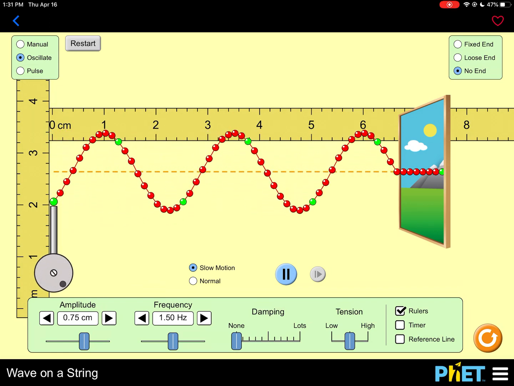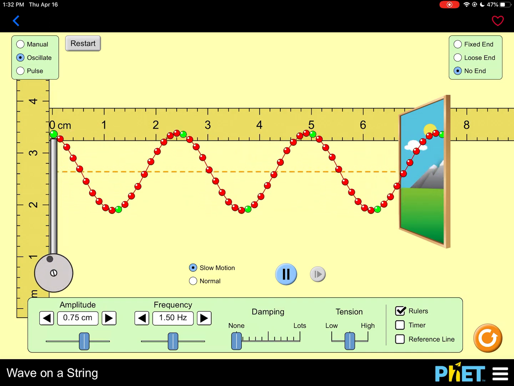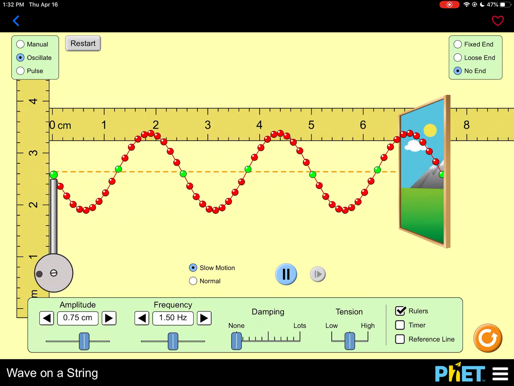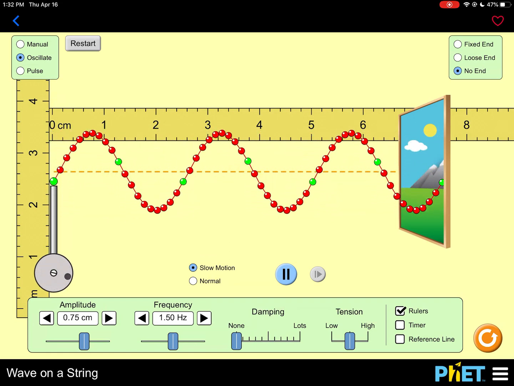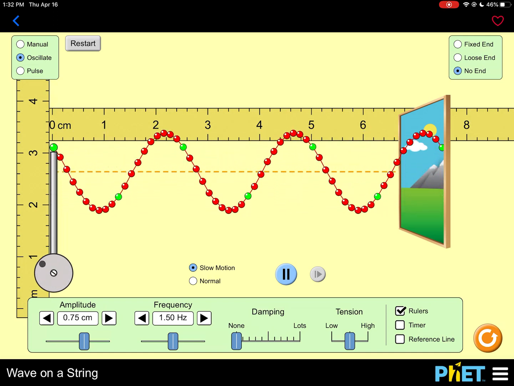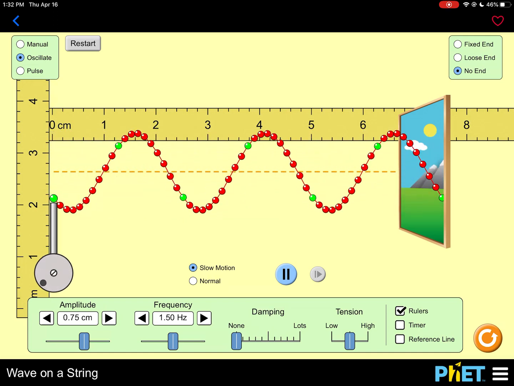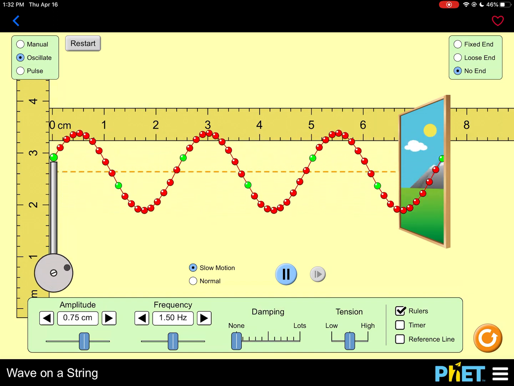You can see that what we're going to call the oscillator on the left there, as it moves the string of beads up and down, there's a green bead, a green dot on the top of that oscillator, and that's at 0 centimeters. So that is what we are going to use as our starting point when we measure wavelength.